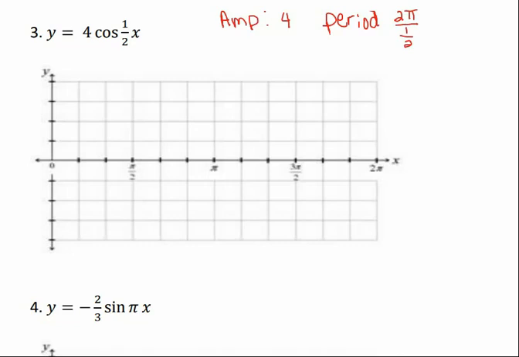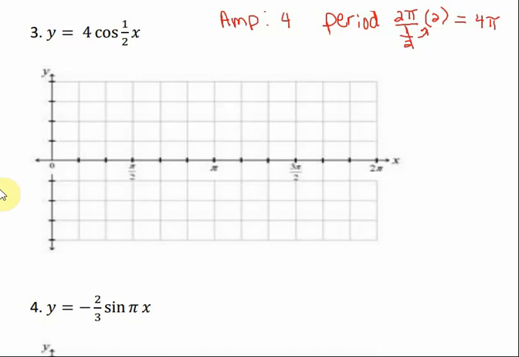So that means we're going to keep 2 pi the same, multiply times the reciprocal of 1/2, which is 2. Okay, so that would mean that our period is 4 pi. So instead of everything happening in 2 pi, it's going to happen in 4 pi. So I'm going to need to change these marks on the x-axis.